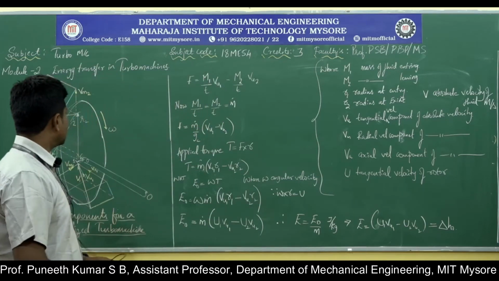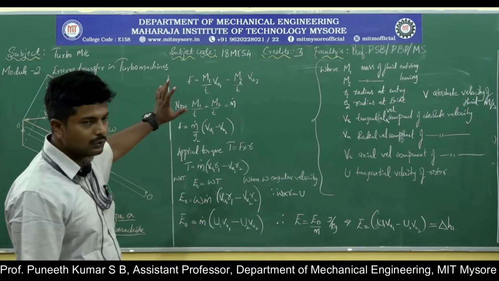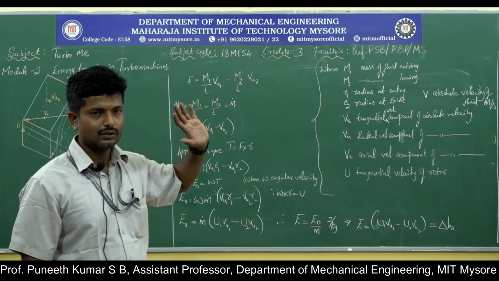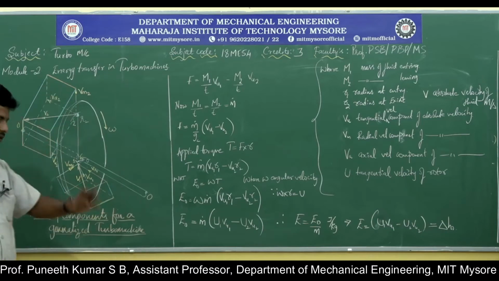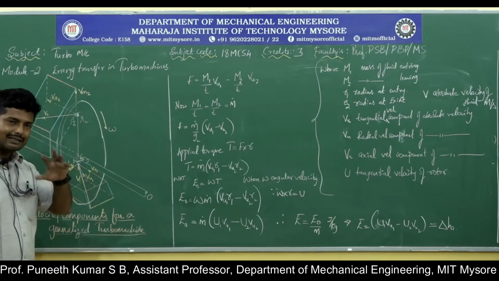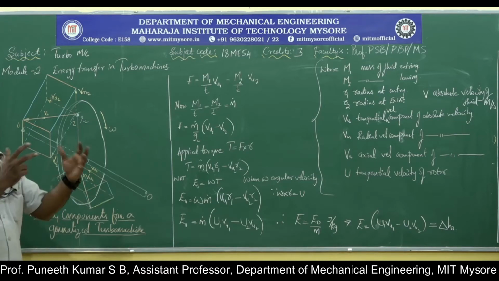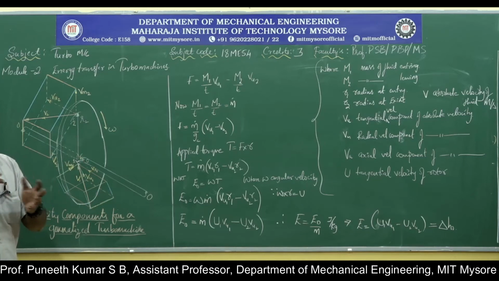Okay, now we are deducing Euler's equation for a generalized turbo machine. Generalized means it takes into consideration both power producing and power absorbing machines, including the classification of direction, depending on axial, radial, and tangential.